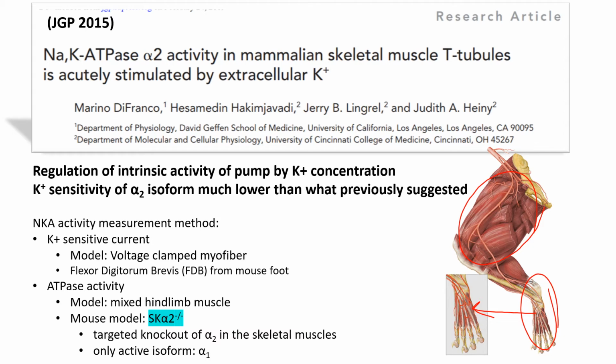The mouse models used in this study were wild type and a skeletal muscle alpha-2 knockout, which is a targeted knockout of alpha-2 in skeletal muscle, and the only active isoform of the sodium pump in the skeletal muscle of this animal is alpha-1.